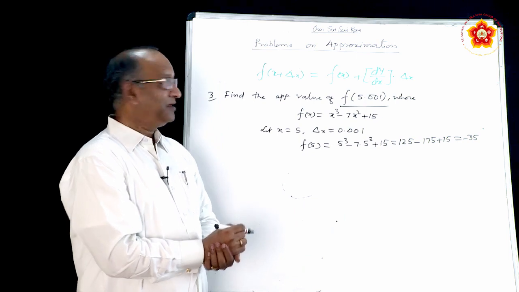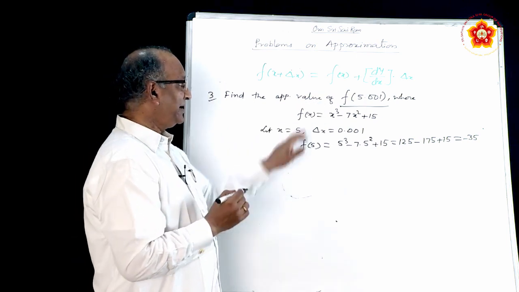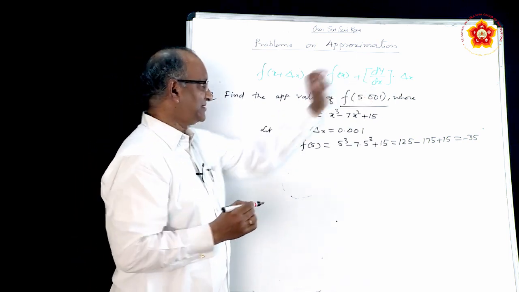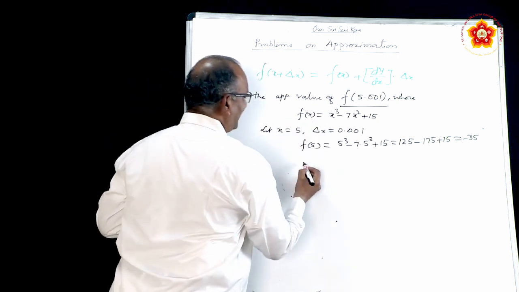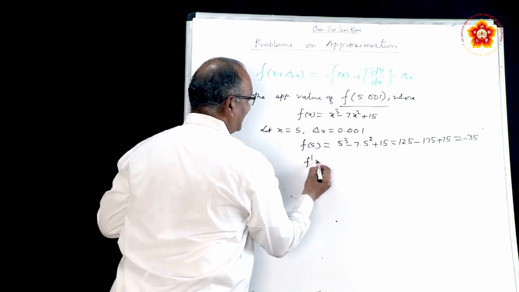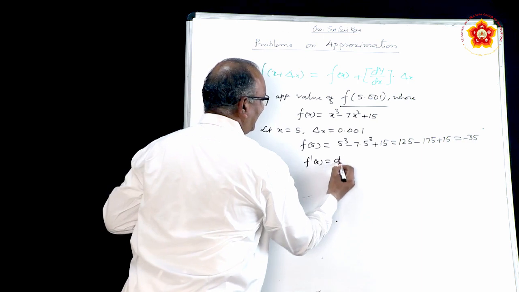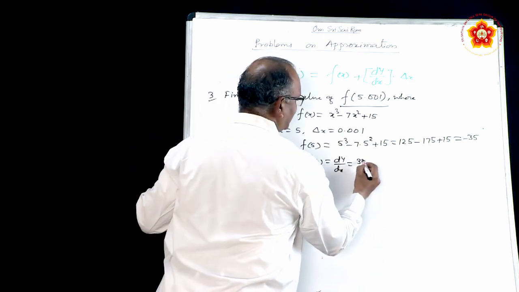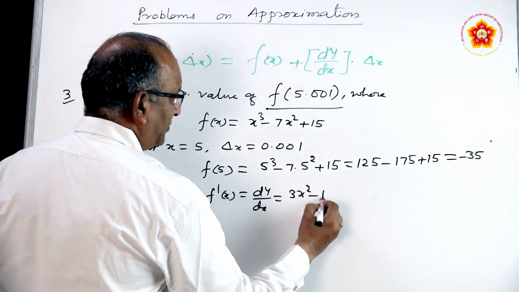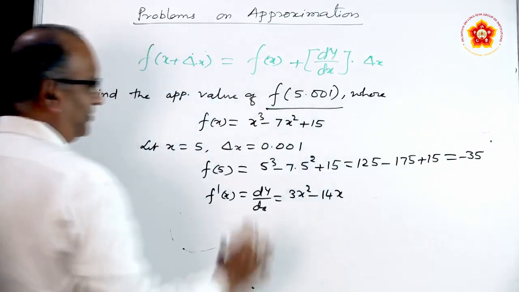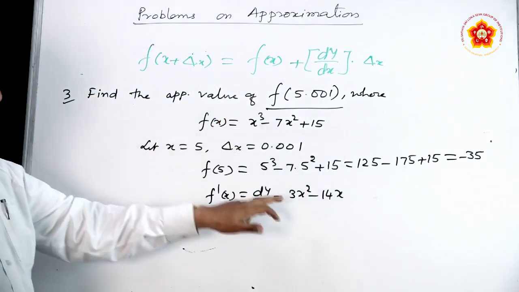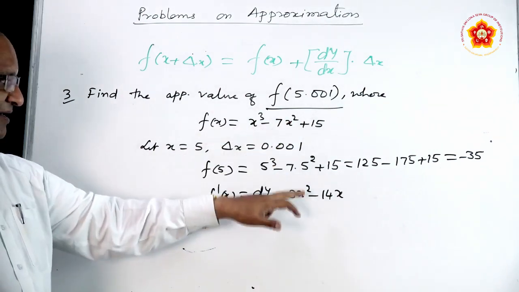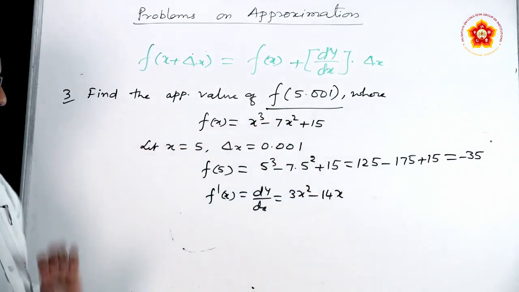What else you need? We require dy by dx, that is f dash x. Find out what is f dash x. F dash x is nothing but dy by dx. Find out the derivative: 3x square minus 14x plus 0. X cube derivative is 3x square, x square derivative is 2x, so minus 14x.